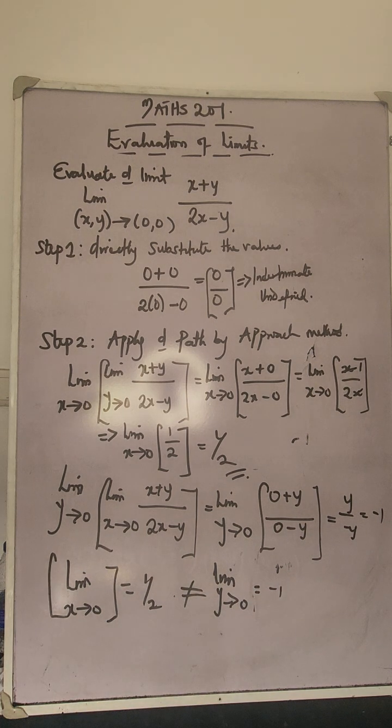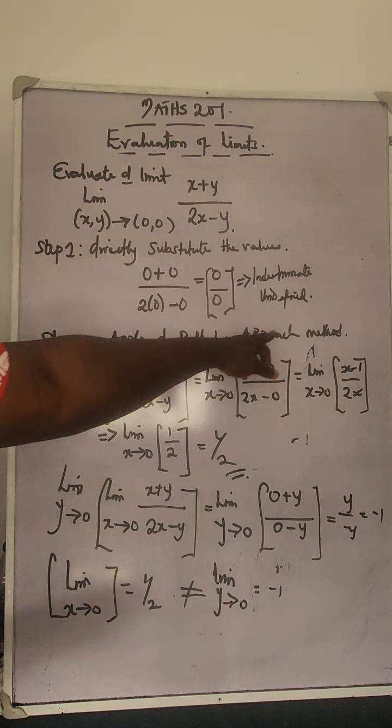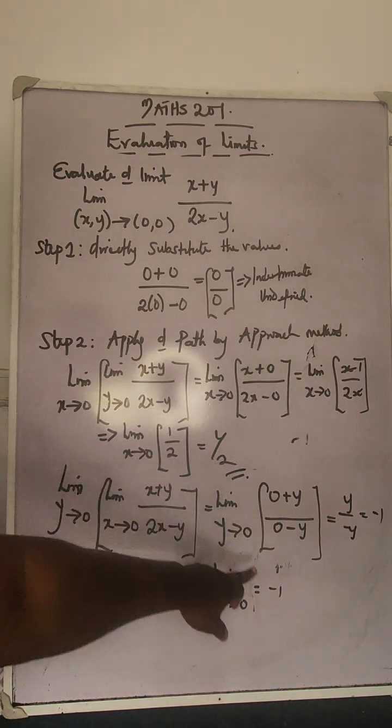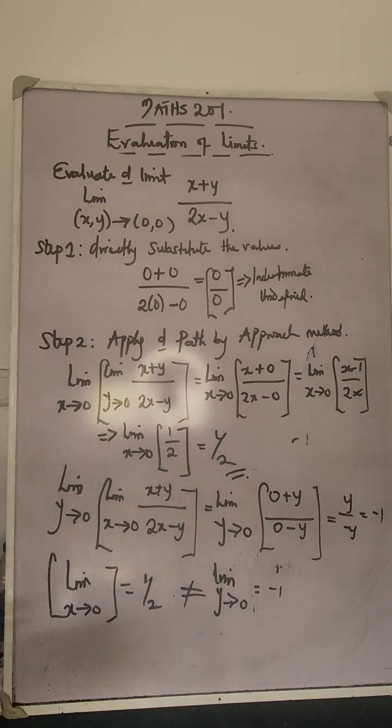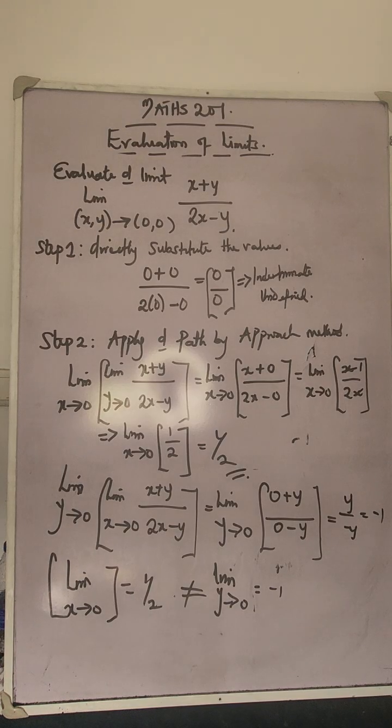So whenever you test by path approach, and the answers you are getting are not the same, this is 1 over 2, this is minus 1, they are not the same. The fact that they are not the same tells us that the limit does not exist.